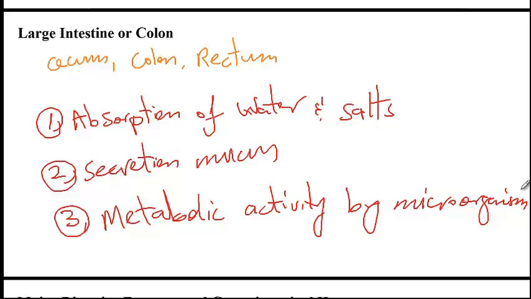So these are all good bacteria that we need. Furthermore, these bacteria are preventing growth of other harmful bacteria. So we don't want to take too much antibiotic. That's why they tell you do not take too much antibiotic, because you will destroy the flora of your colon, as a consequence of which harmful bacteria like Clostridium difficile can start growing and cause diarrhea. So besides the metabolic activity, these microorganisms are also preventing growth of harmful bacteria.